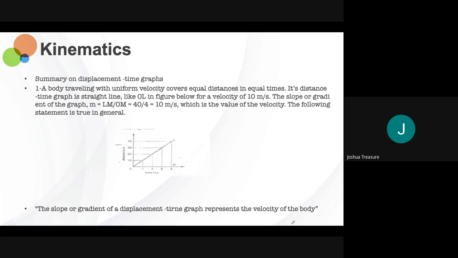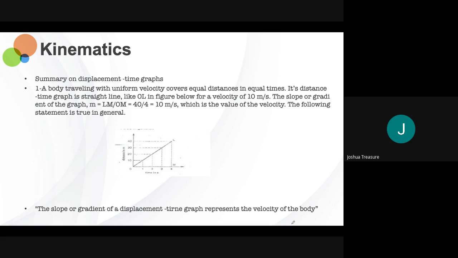Summary on displacement time graphs. A body traveling with uniform velocity covers equal distances in equal times. Its distance time graph is a straight line, like OL in the figure below, for a velocity of 10 meters per second.